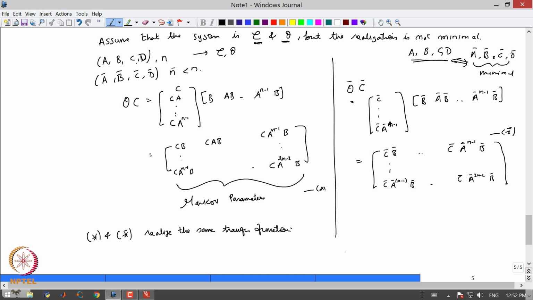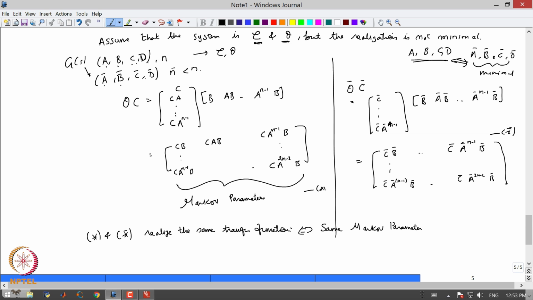Now, if they realize the same transfer functions, they must have the same Markov parameters. I assume that there is a realization A, B, C, D of one transfer function G(s), and the same transfer function also has some other realization A bar, B bar, C bar, D bar.